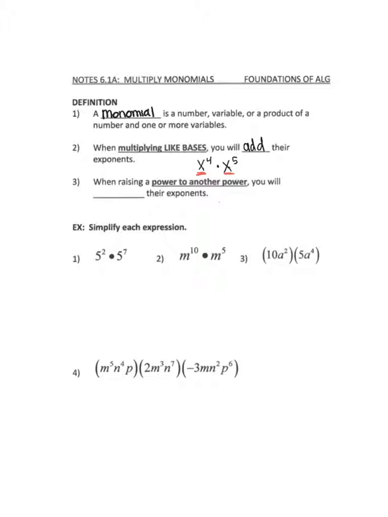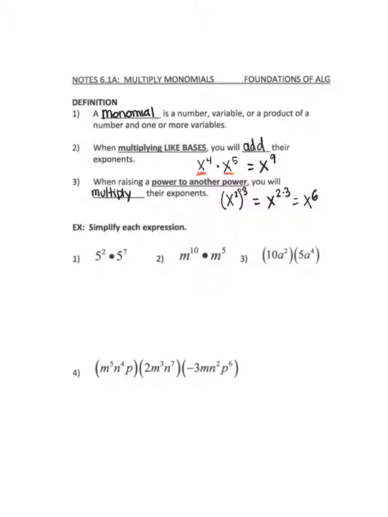When raising a power to another power, so if we had x to the second, to the third, we are going to multiply their exponents. So that would be 2 times 3, which gives me x to the 6th. And up here we added, so we would get x to the 9th.